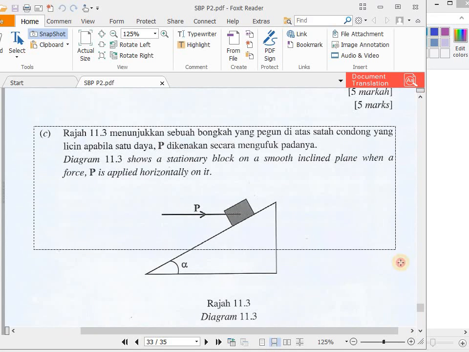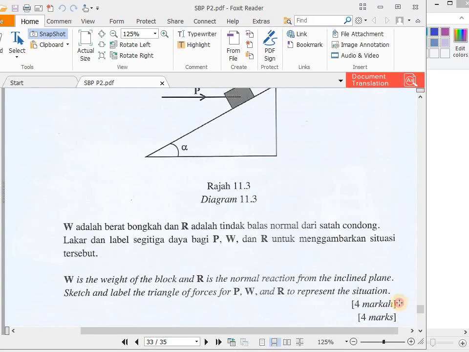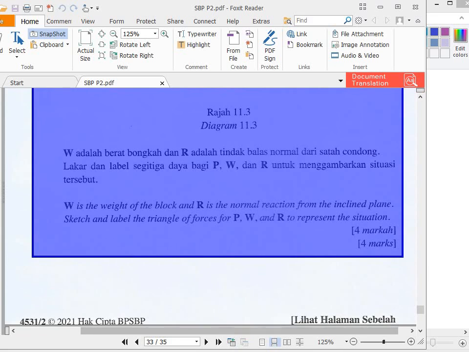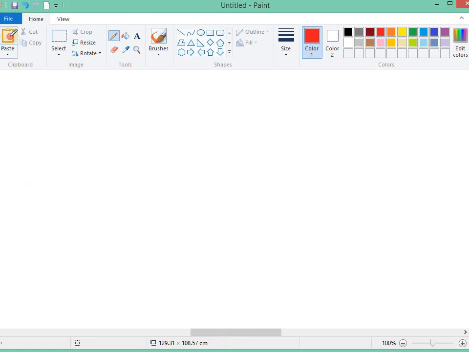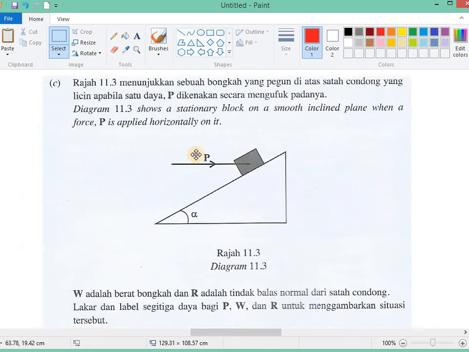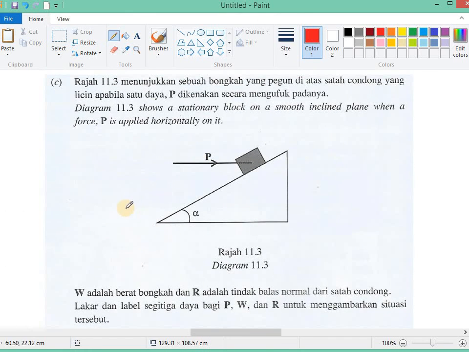C. Diagram 11.3 shows a stationary block on a smooth inclined plane when a force P is applied horizontally on it.